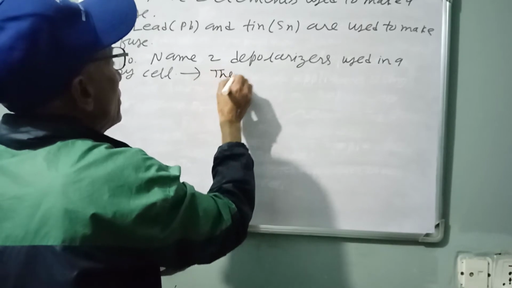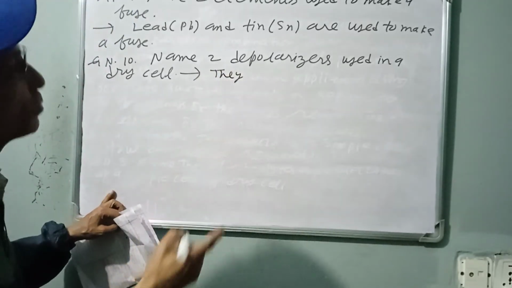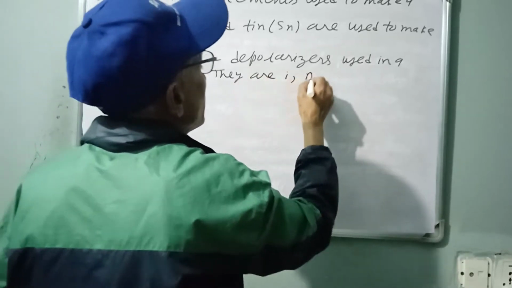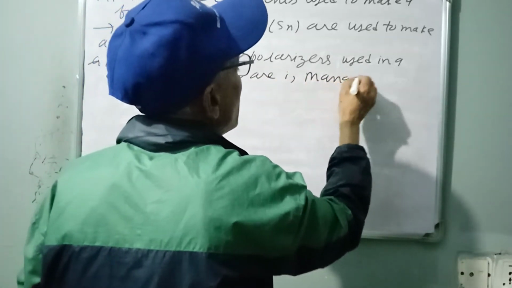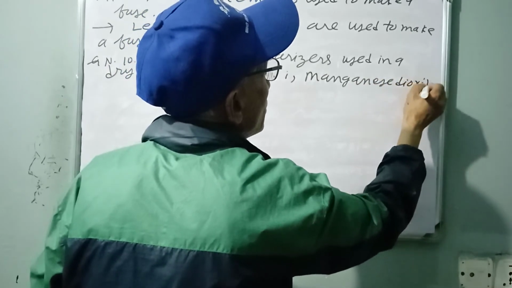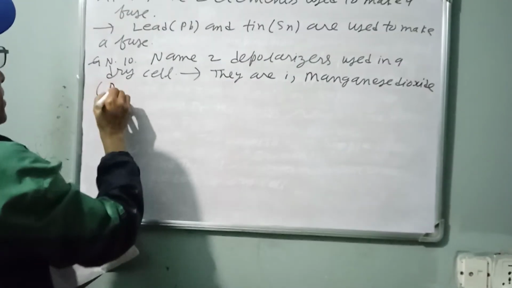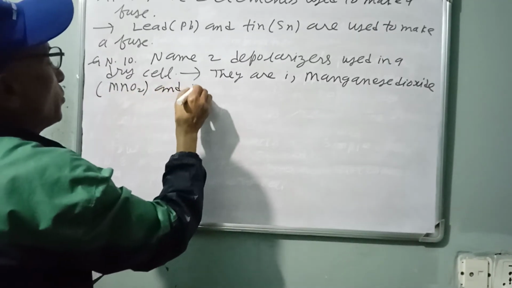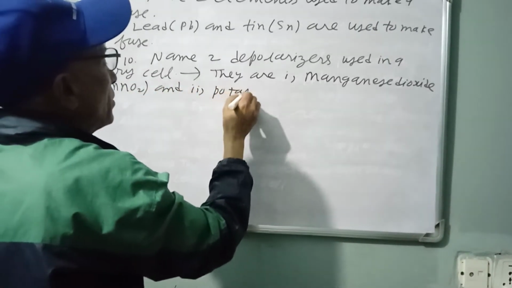The two depolarizers used in a dry cell are: number one, manganese dioxide, MnO2, and number two, potassium dichromate.